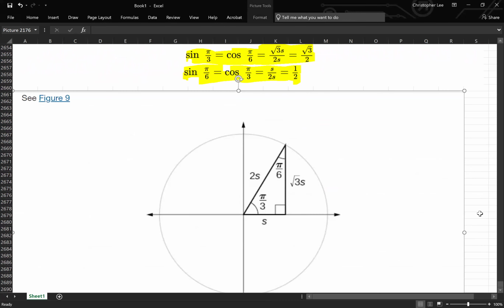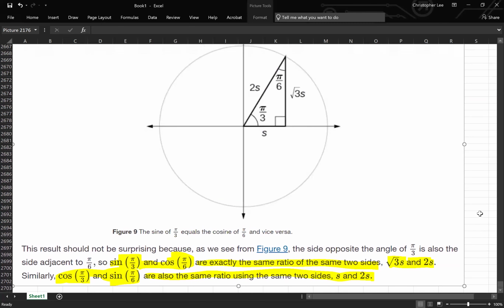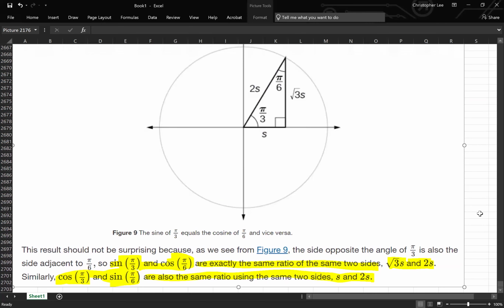So here we have a figure up here, figure 9. The results should not be surprising because, as we see from figure 9, the side opposite the angle of pi over 3, right here, is also the adjacent side to pi over 6.